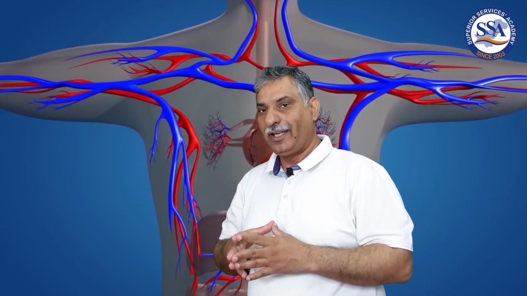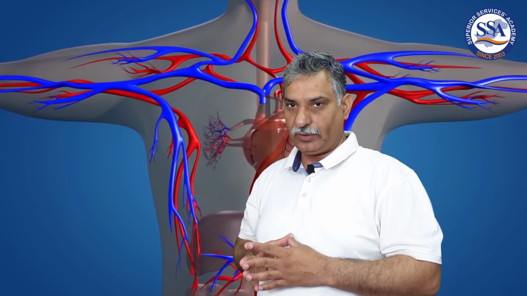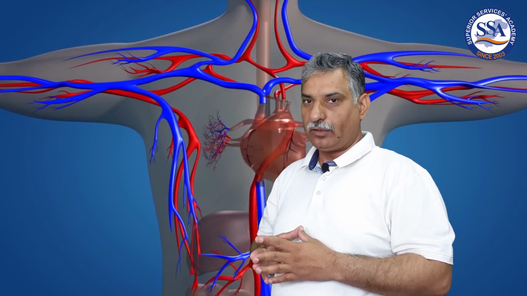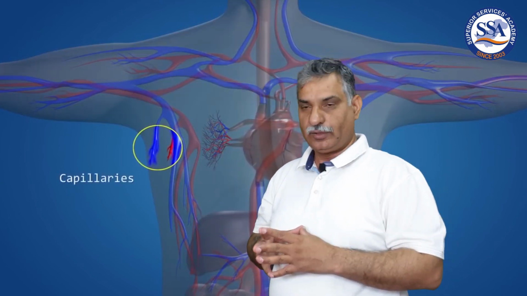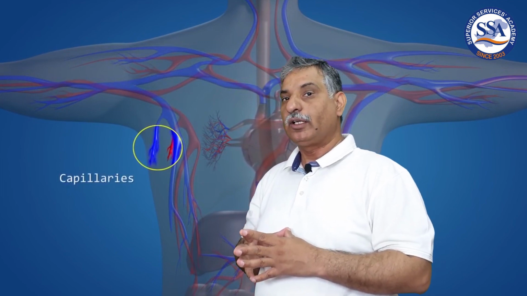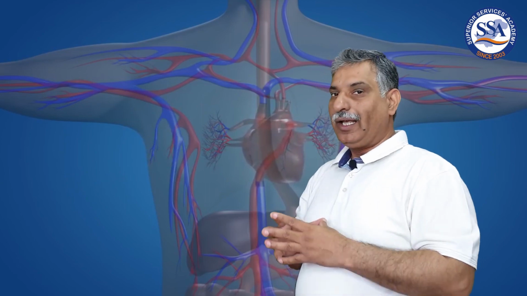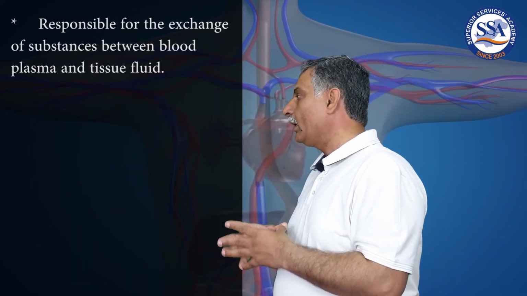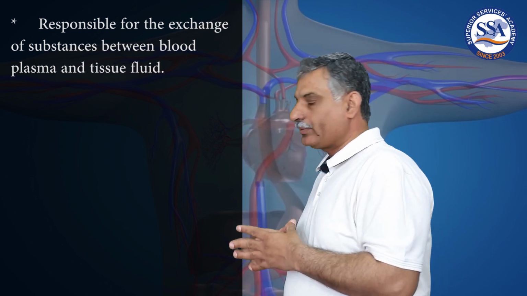Within the tissues, exchange of material is maintained by a third type of blood vessel, and this third type of blood vessel is known as a capillary in singular, and there is a network of a large number of these vessels within the tissues, so we call them capillaries. These are microscopic blood vessels, and exchange of materials between blood plasma and tissue fluid occurs at these capillaries.